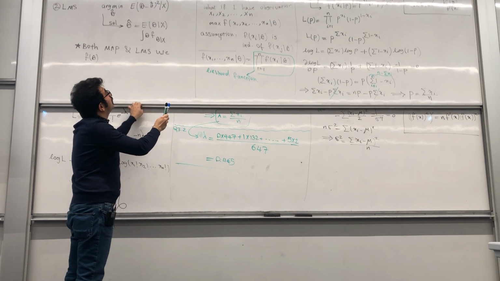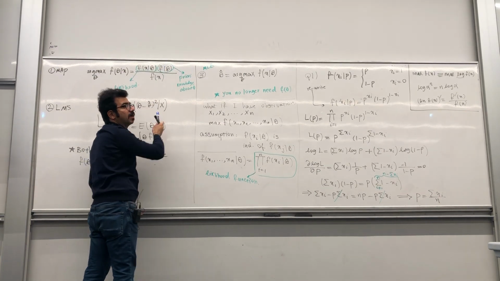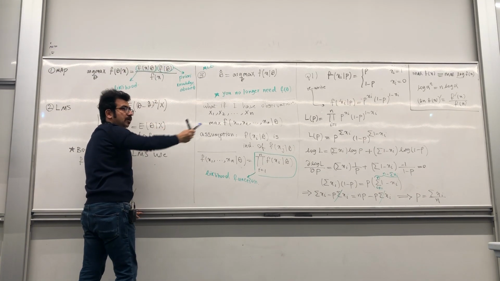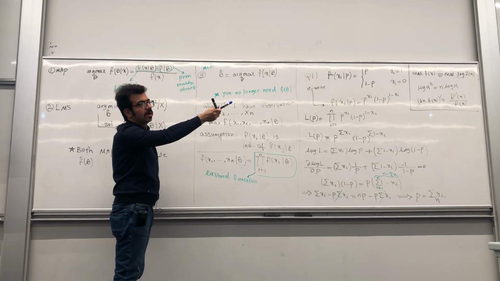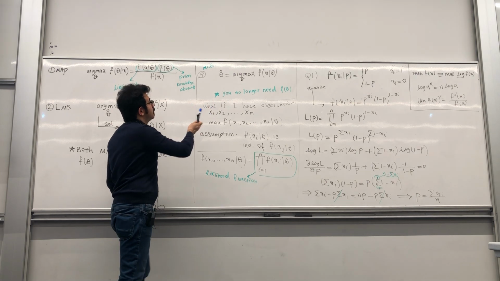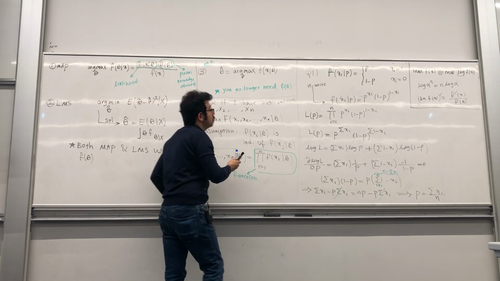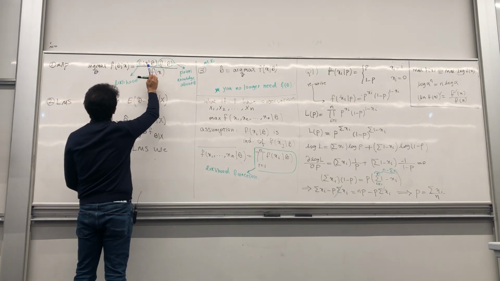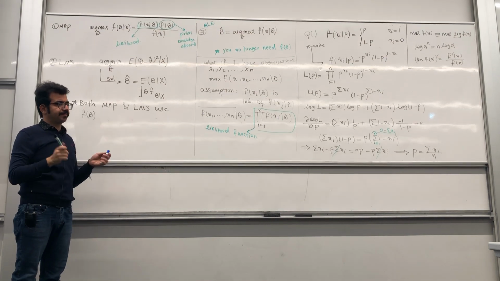In MLE, you don't need to know the prior distribution for theta. In this question, we didn't know that. For example, in Poisson, which distribution does lambda come from? We don't know that. So the only option I have is to find the maximum likelihood. You can no longer use MAP nor LMS. That's the point. Any questions?